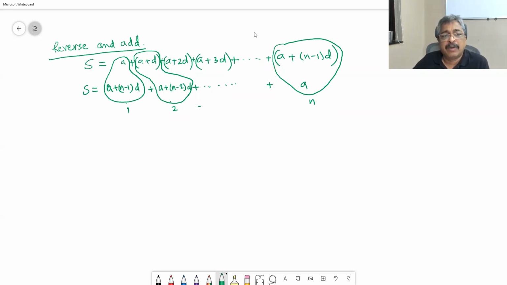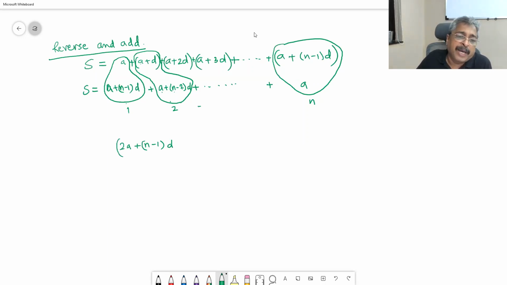The last term will come below the first term, the second last term will come below the second term, and if we look at these shapes that I have created, the summation of those two numbers is 2a plus n minus 1 times d. Always. See here, a plus a, 2a. N minus 2d plus d, n minus 1 d.